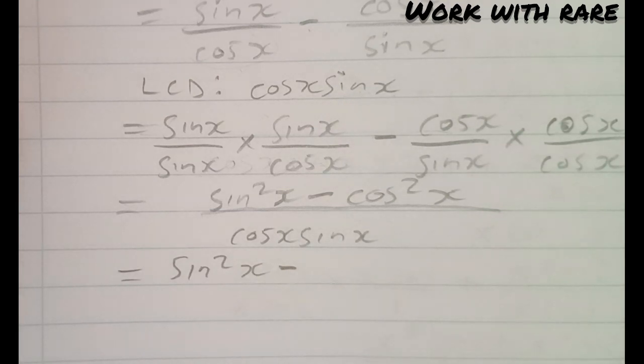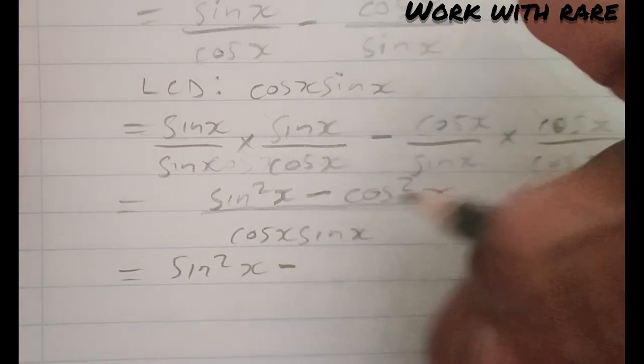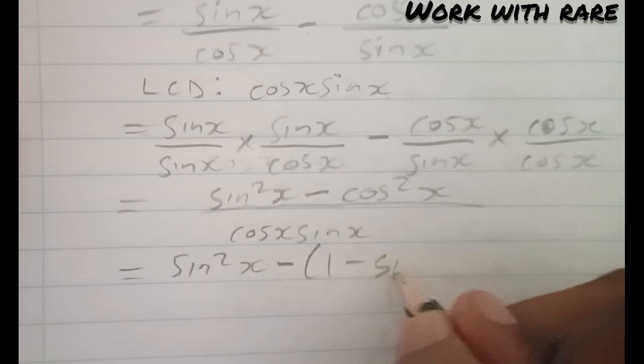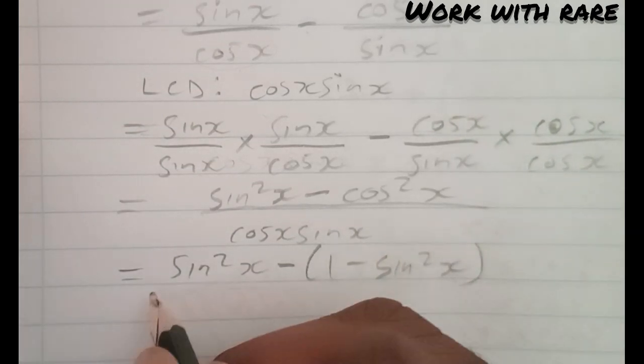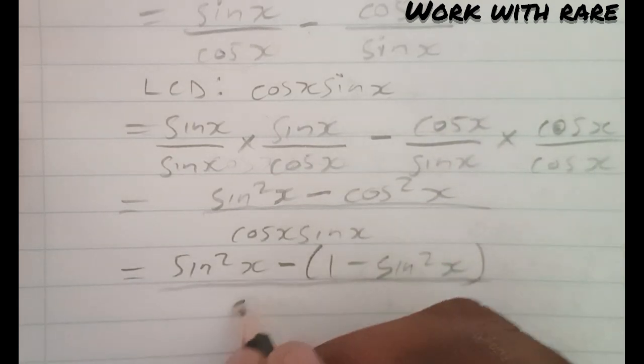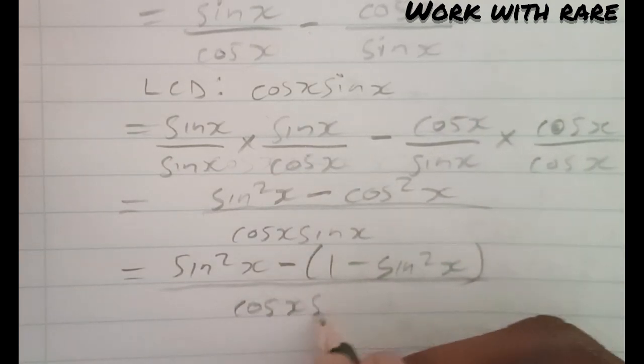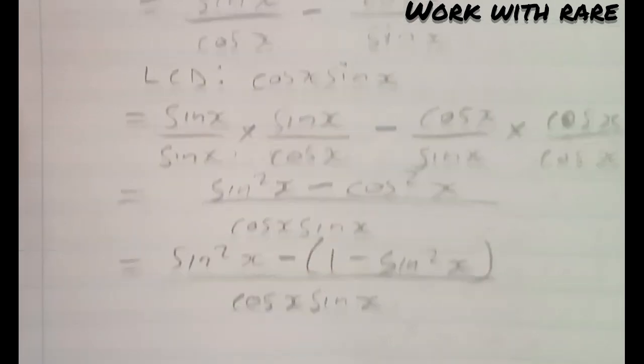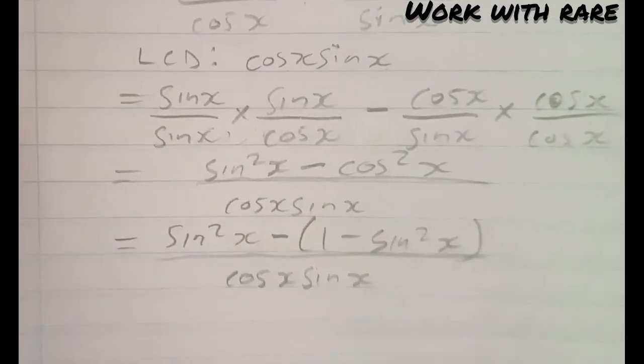Like I said, sine squared x plus cos squared x is equal to 1, which means cos squared x is equal to 1 minus sine squared x. So I'll write it here: sine squared x minus, in brackets, 1 minus sine squared x, all over cos x sine x. Now it's time to break the brackets.